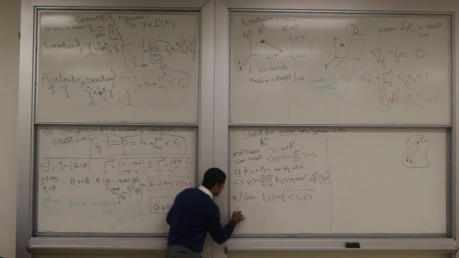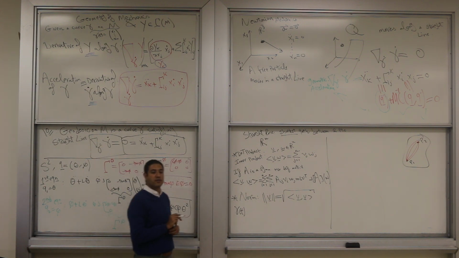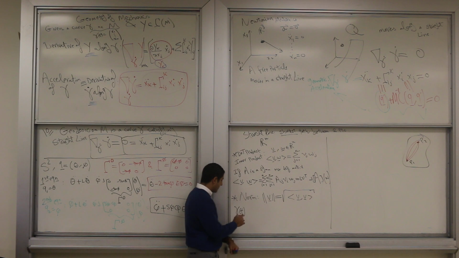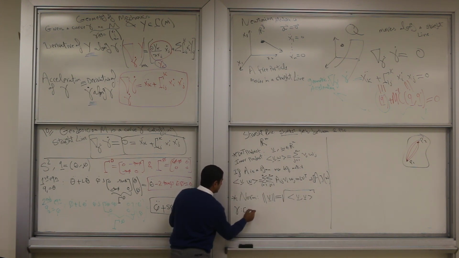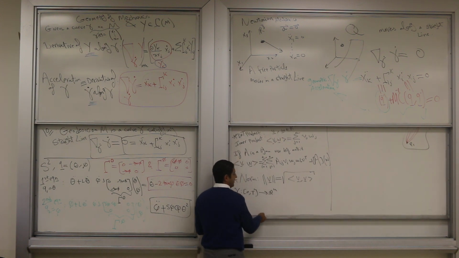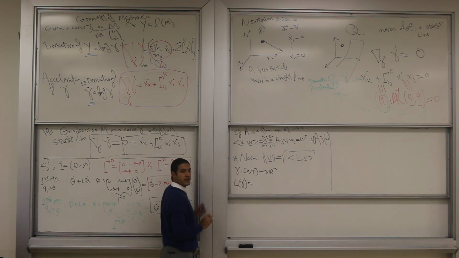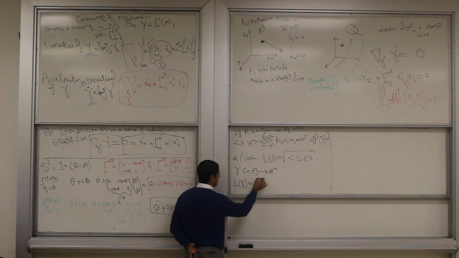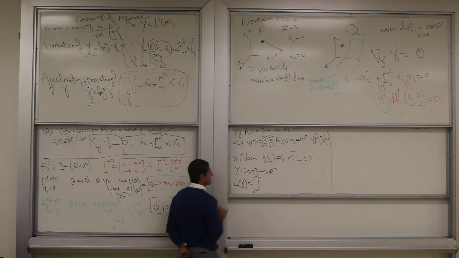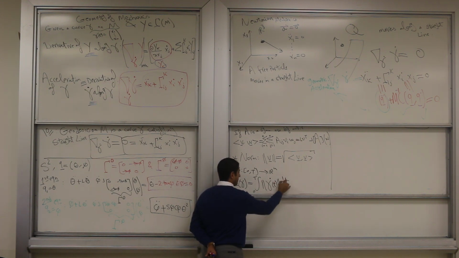So if I have a curve, how do you get the length of the curve in Rn? This is gamma from 0 to t into Rn. A curve in Rn, that's fine. We're still with Rn. So how do you get the length of gamma? What's the length of gamma? It is the integral from 0 to t of the norm of gamma dot, dt.